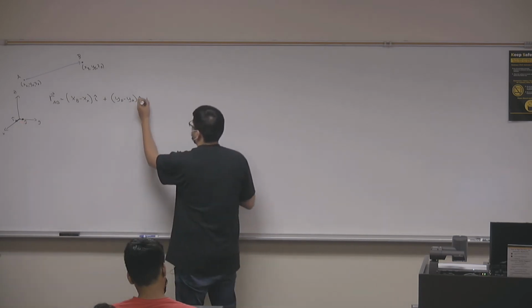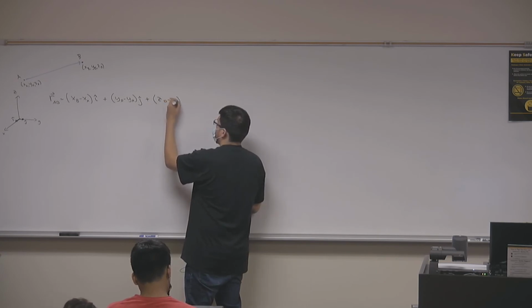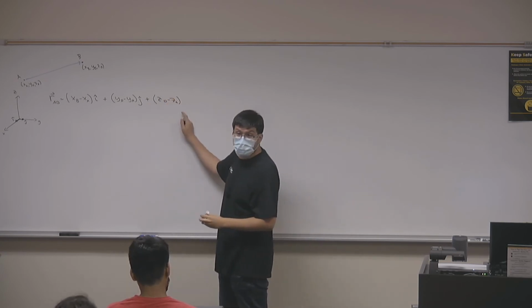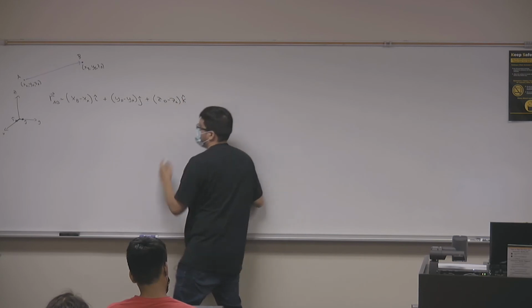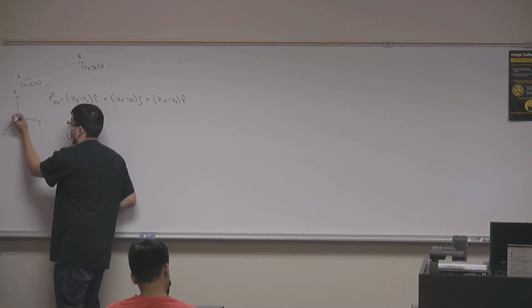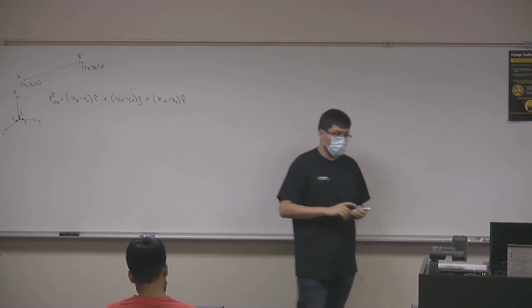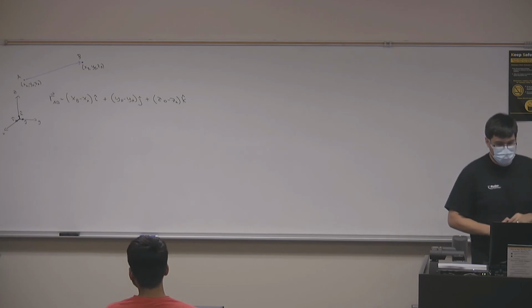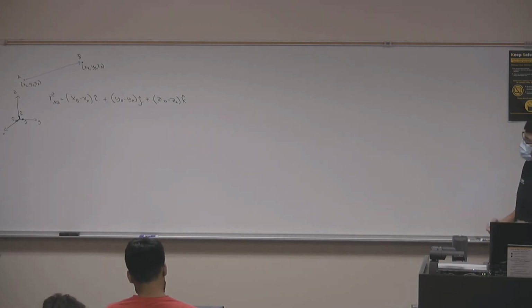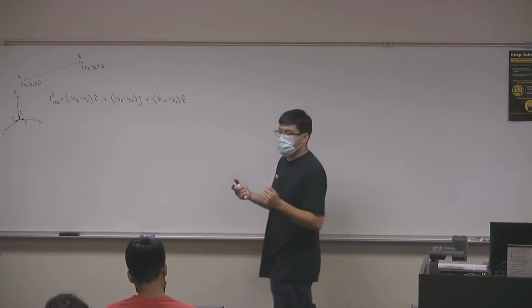And then we have the difference in the z coordinate in the what direction? k, right? Where k represents my unit vector along the z direction. If you don't remember, this little hat just tells me that I'm dealing with a unit vector, and a unit vector is essentially a vector with a magnitude of 1. That's why we call it a unit vector.